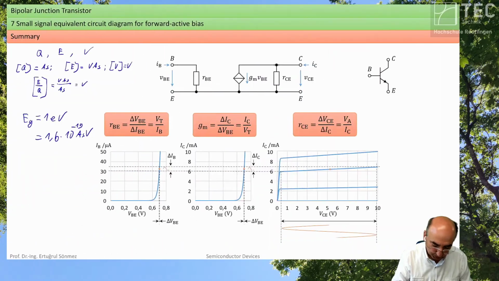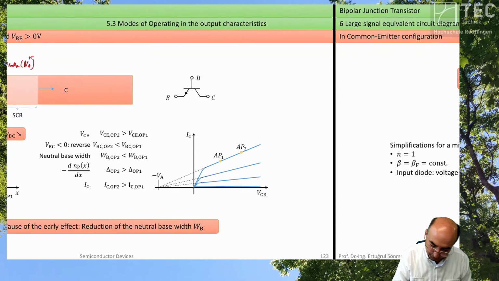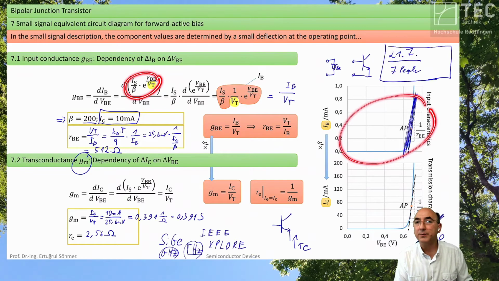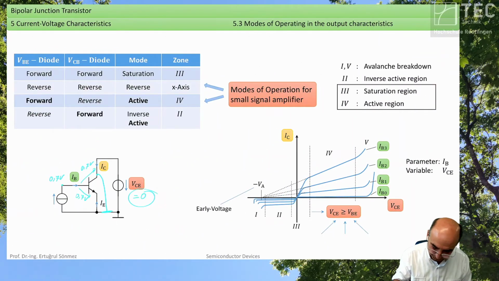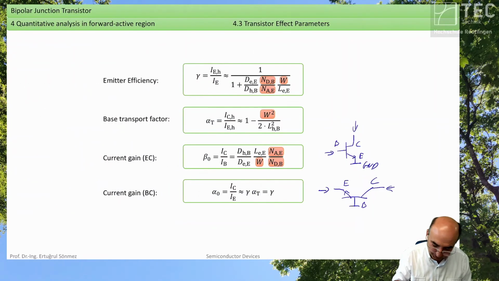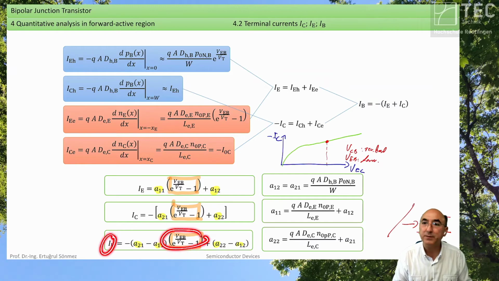Now let's go back to RBE, where we have learned that it is an exponential function. We have learned it on this beautiful slide. Here, IB has an exponential function.